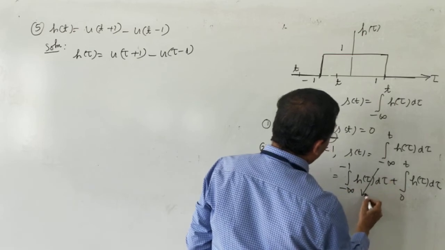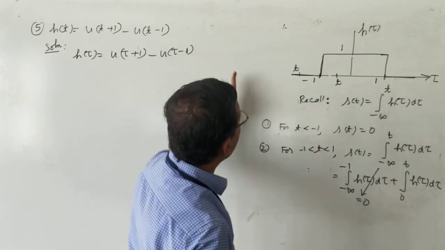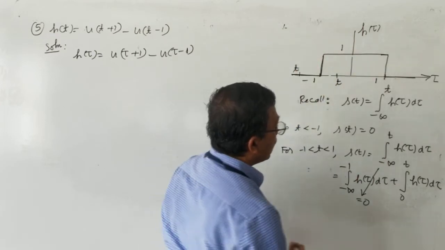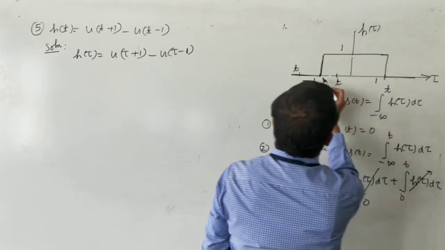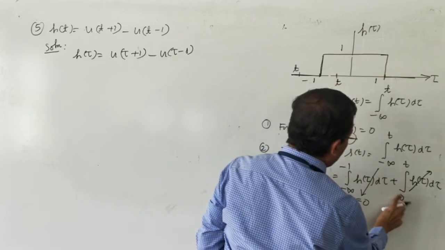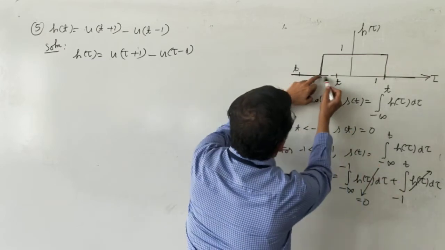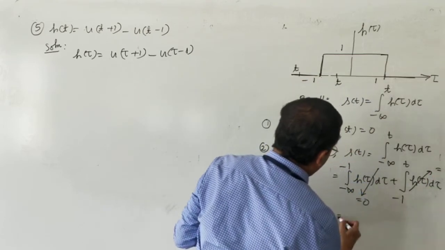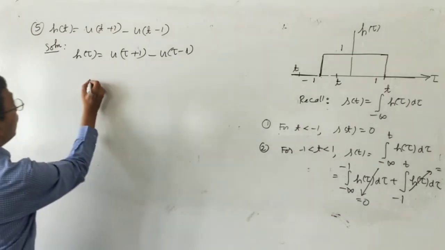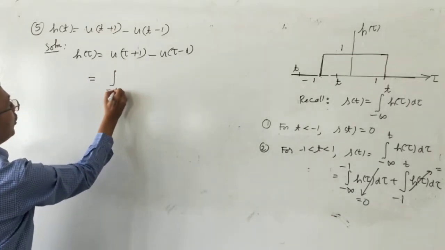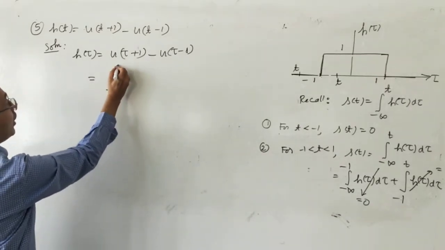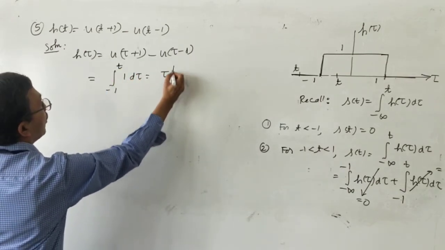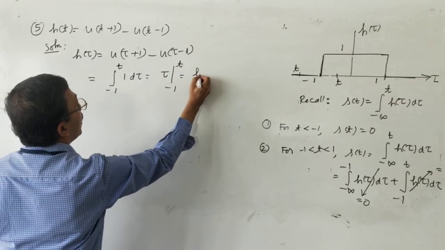The first integration is obviously 0 because from minus infinity to minus 1 the function is 0. What is h of tau between minus 1 and t? It is 1. So if you integrate 1 from minus 1 to t, what you get is tau between minus 1 and t. So you get t plus 1.